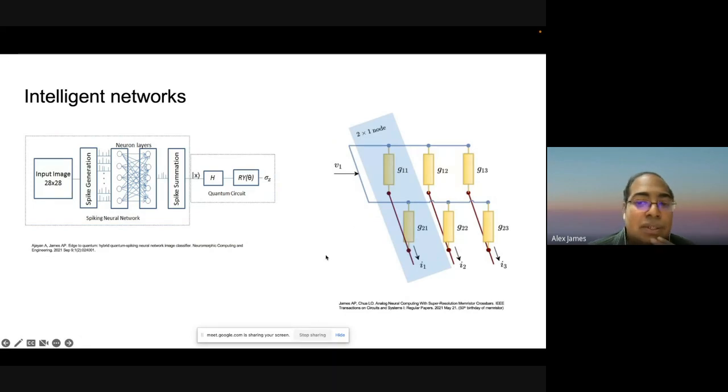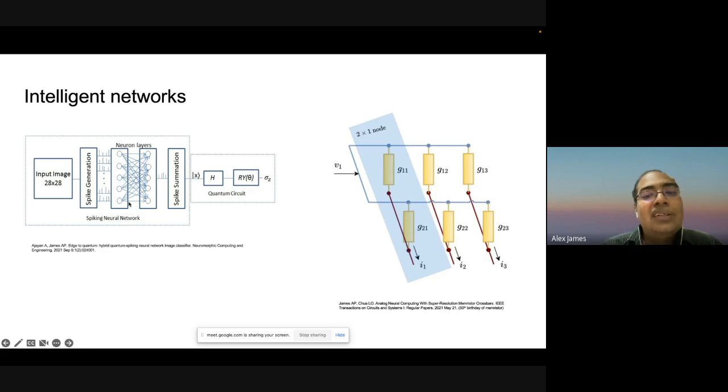Another thing that we were looking at is quantum systems, and how we can use the power of both quantum as well as a traditional ASIC system. For the spiking neural network, we put it on the CMOS side, and then we ran the learning part on the quantum side.